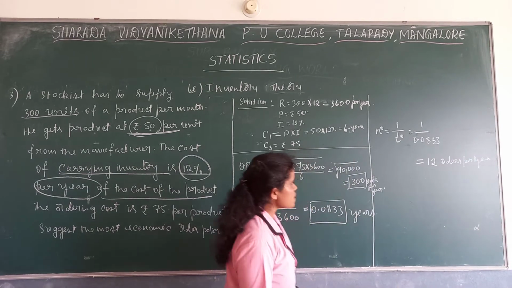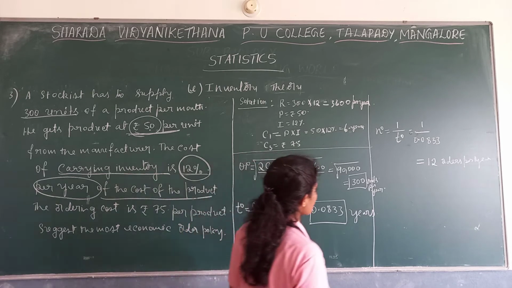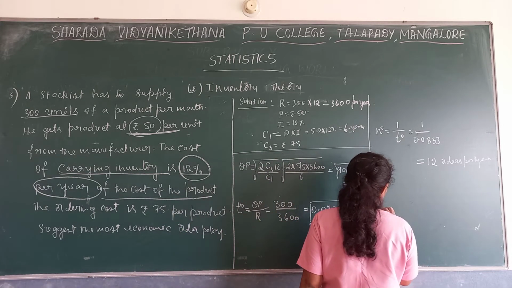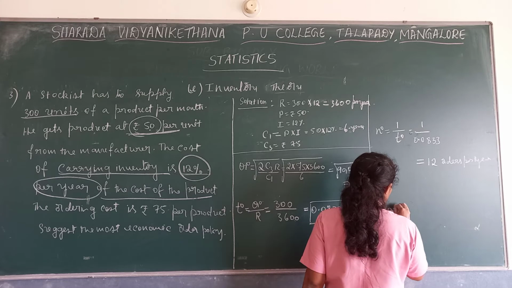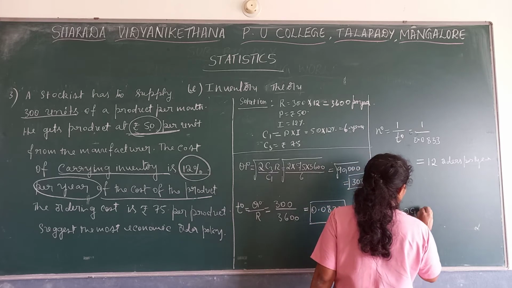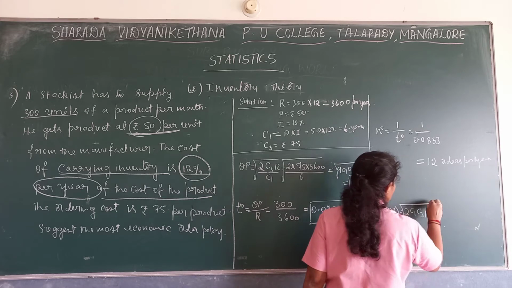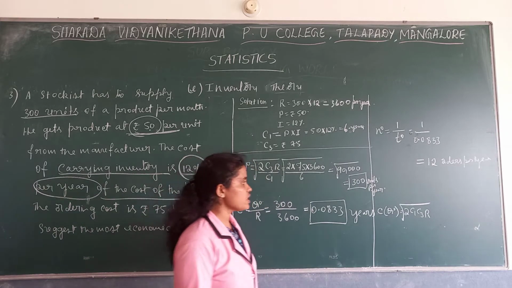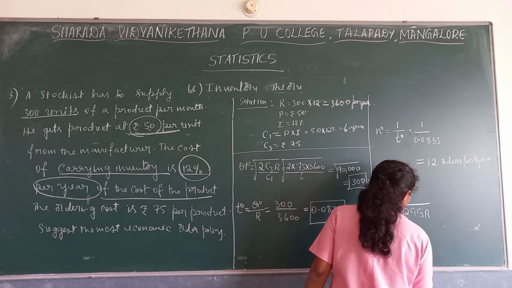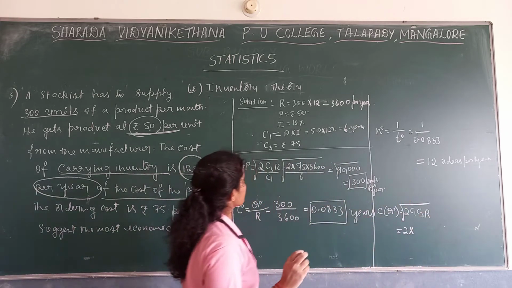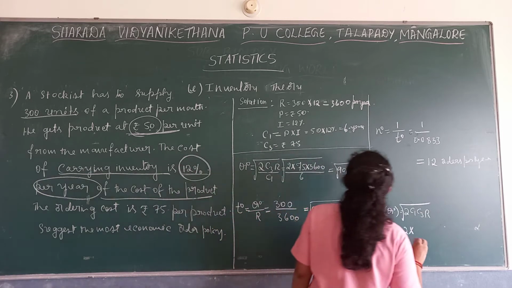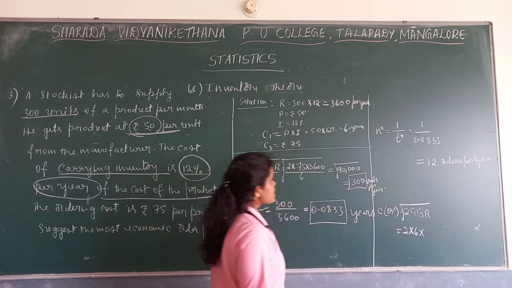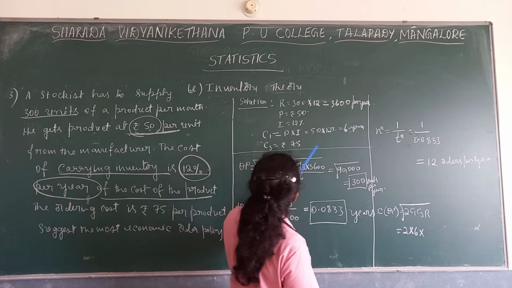Then next comes the last one, that is the cost of replenishment. The cost of replenishment formula is the root of 2C1C3R. 2 into, what is C1 here? C1 is 6. C3 is, what is the value of C3?